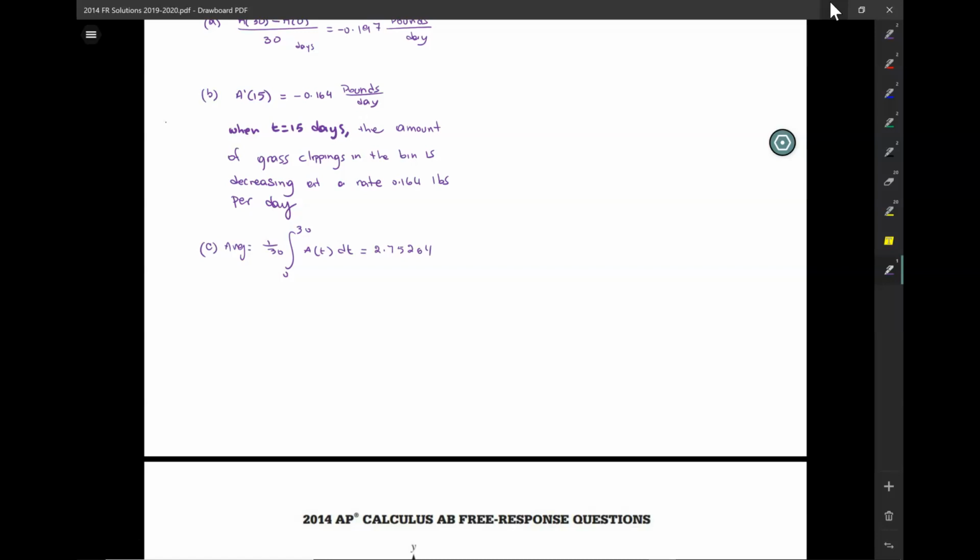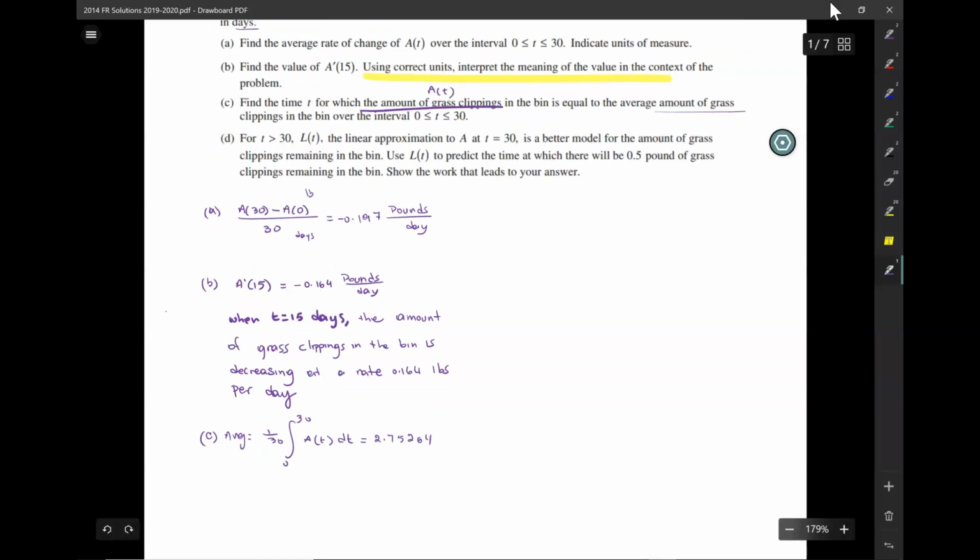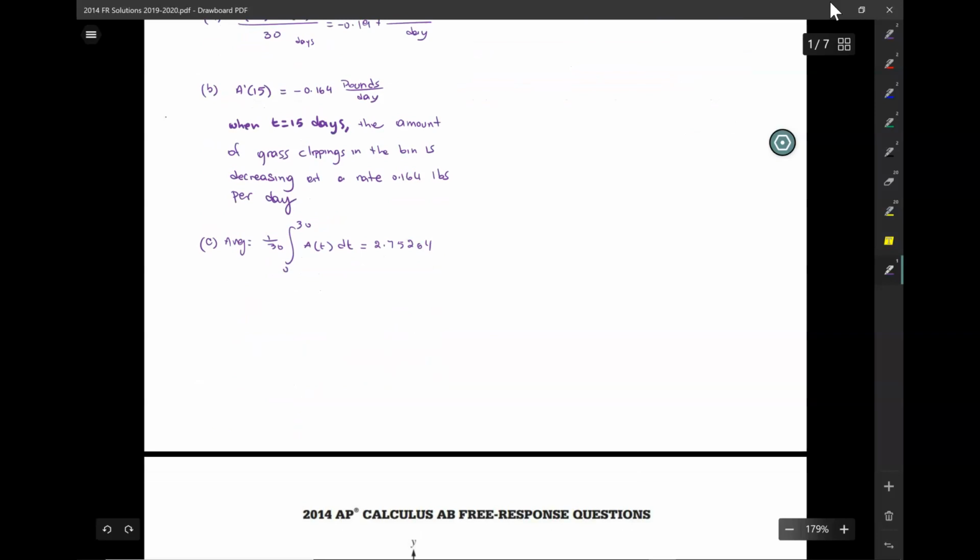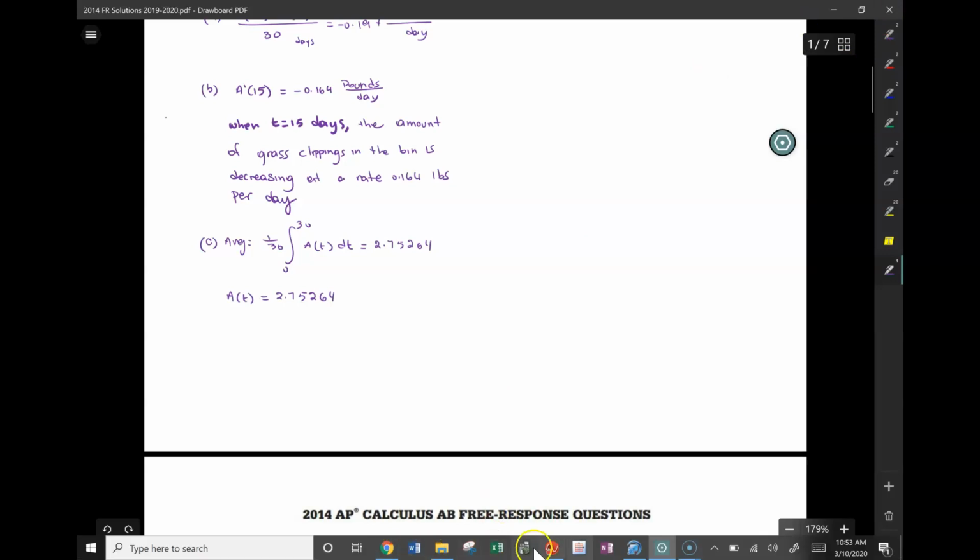Now, the question is asking, when is the amount equal to that? So what you want is A of t equal to 2.75264. Now, there's a couple ways you can do this.